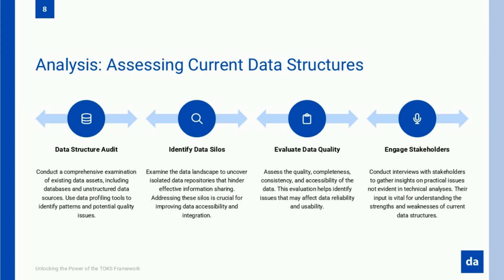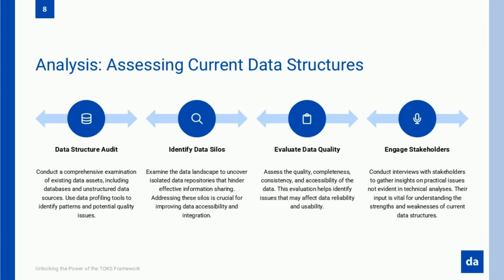One of the primary tools in this phase is the data structure audit. This process involves systematically examining your data assets, including databases, data warehouses, and even unstructured data sources like documents and emails. The audit looks at several key components: data quality, data completeness, data consistency, and data accessibility.